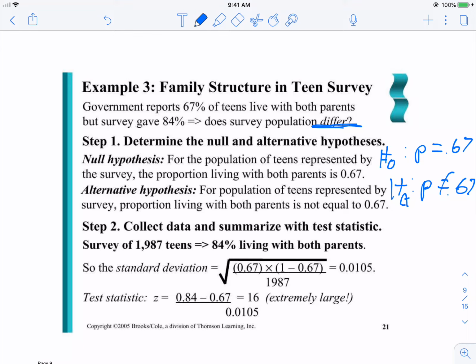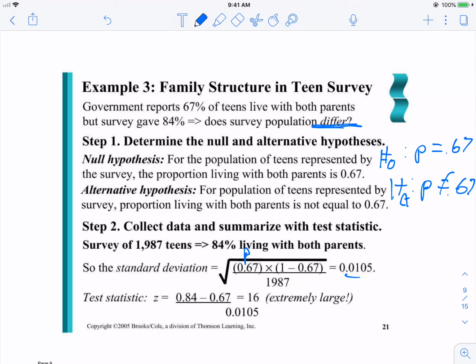So, moving on, step 2, we collect our data. Survey of almost 2,000 teens, 84% of them were living with both parents is what we got in our survey. So, standard deviation calculation, you see that null value, p, 0.67 times its complement, divided by sample size, square root.